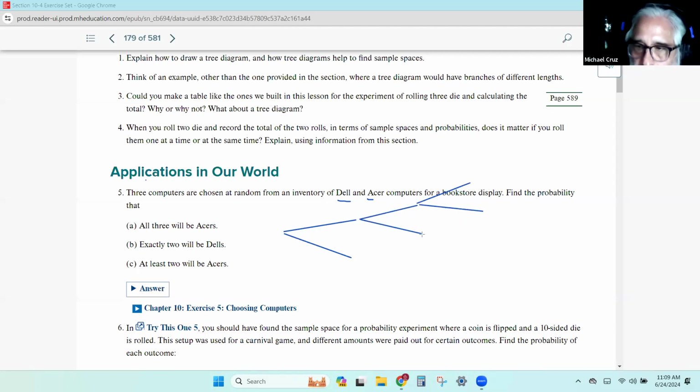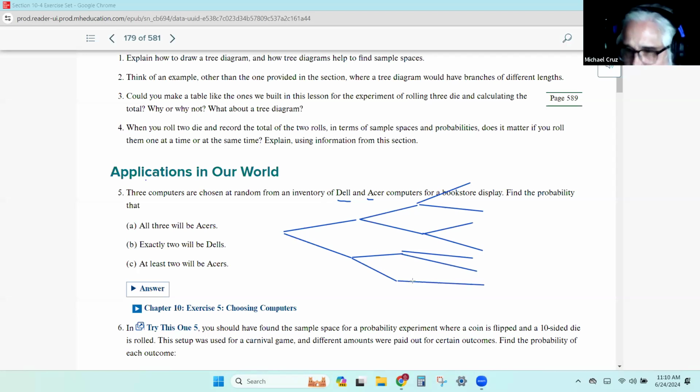So we're making a tree, and it gives us all the choices. I'm going to label things in a second to make it a little bit better. It's really hard to draw out a diagram for anything of substance, but here's the way we're going to do it. So this would be Dell and Acer. So this is the first one.